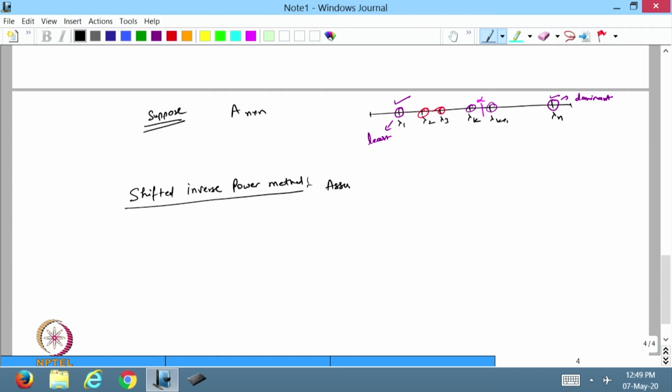Assume that the matrix A, n cross n, has distinct eigenvalues. So, I call them lambda 1, lambda 2 up to lambda n.